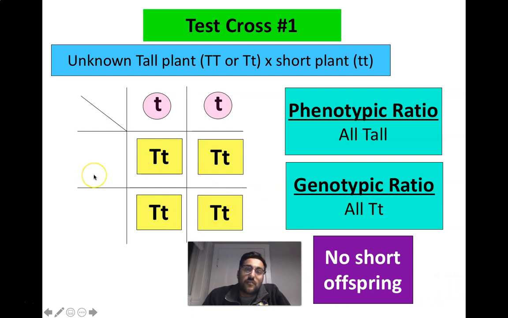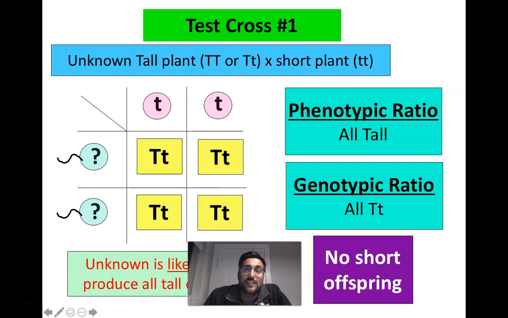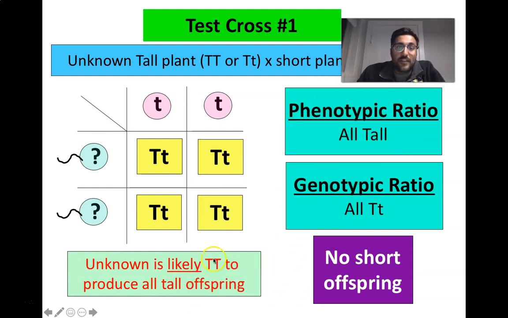All of them had the dominant phenotype. So there was no short offspring. In that case, the unknown is likely going to be big T, big T, because that's the only way you could produce all tall offspring, is if there was a big T to bring in every time, because these little t's were providing all the little t's for all these options.